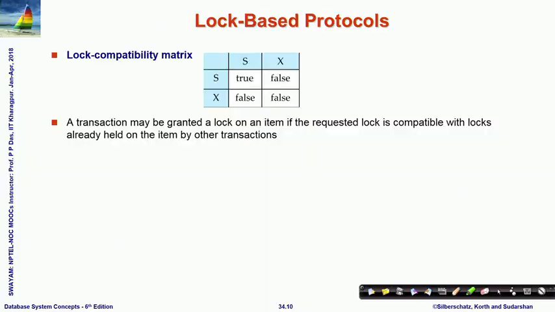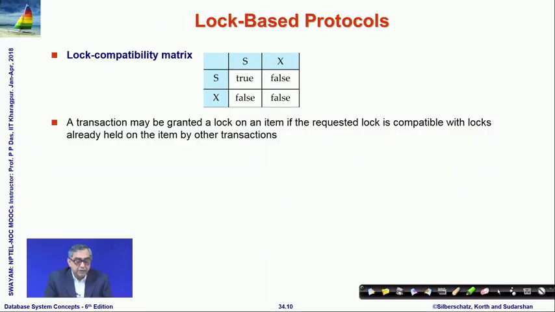Which means that two transactions can read a value at the same time, but one reading the value and the other writing the value is not possible. The reverse is also not possible, and two transactions writing the value is not possible. Those are said to be the incompatible modes of locks.